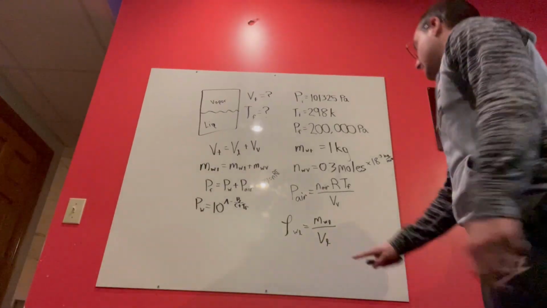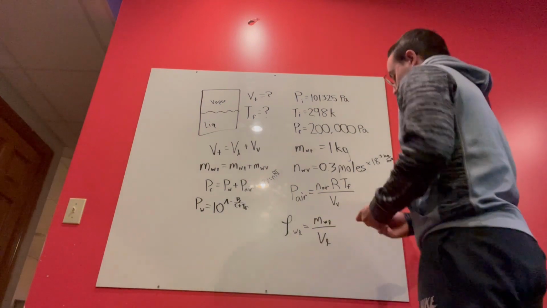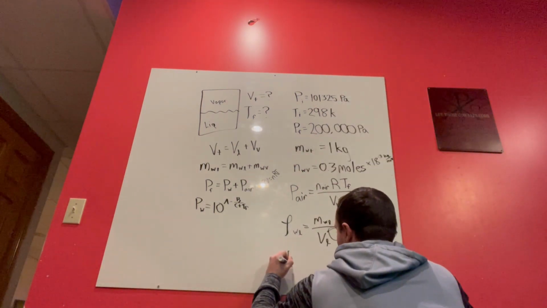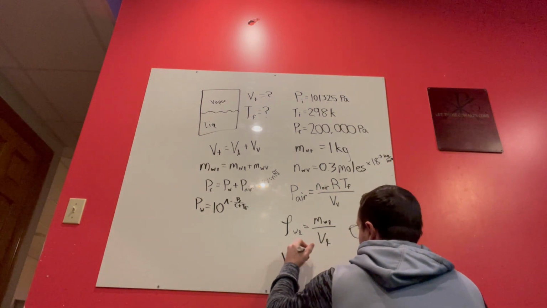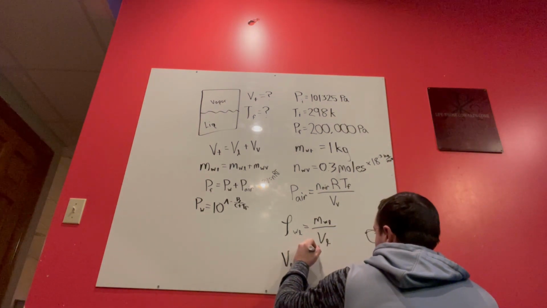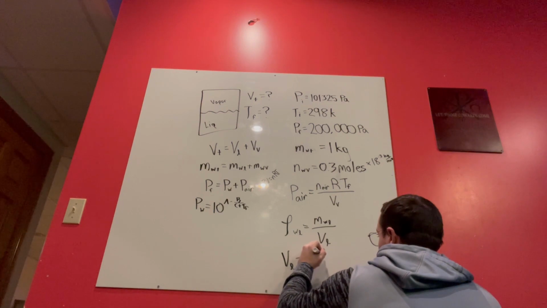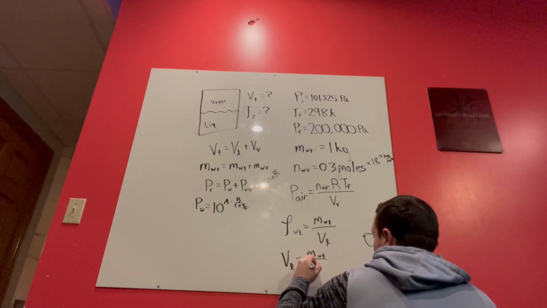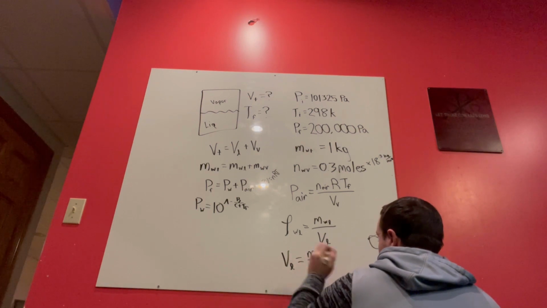Now we can also use this in order to find the volume in the liquid phase, because this will equal the mass of water in the liquid phase over the density of water in the liquid phase.